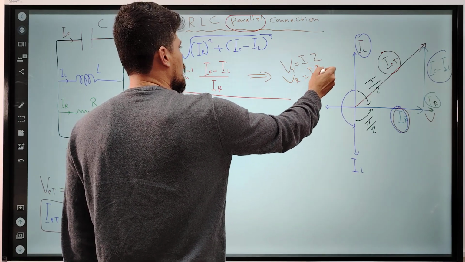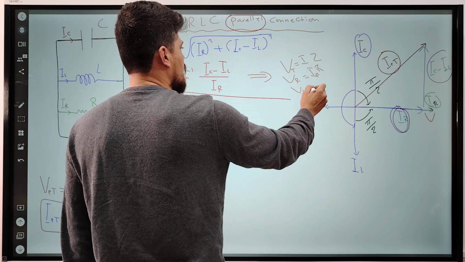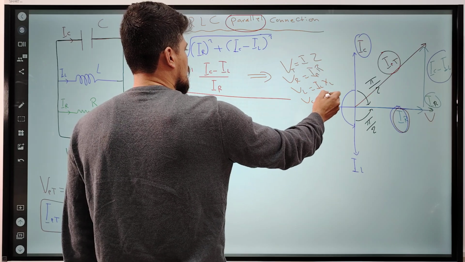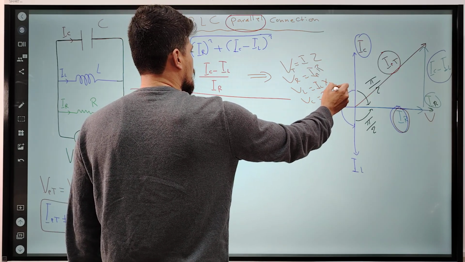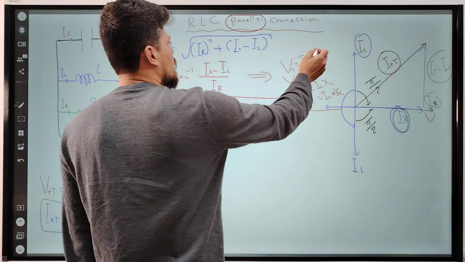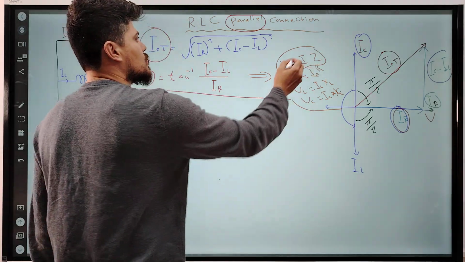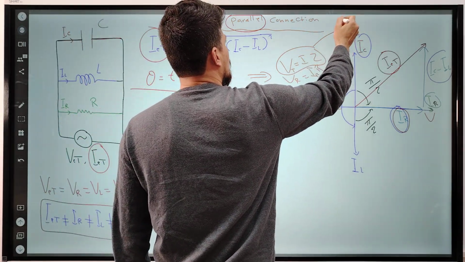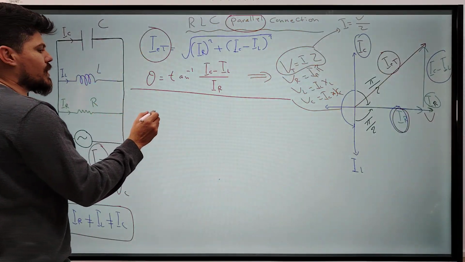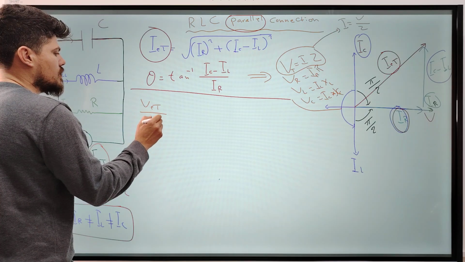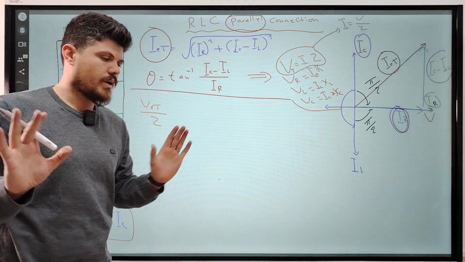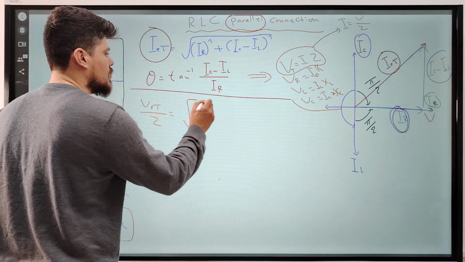VR is equal to IR times R. VL is IL times XL, VC is IC times XC. So, what about if you rearrange the equation? I is equal to V over Z. Instead of I total, write down what? V total over Z. I total is equal to V total over Z? Yes. This is according to Ohm's law.